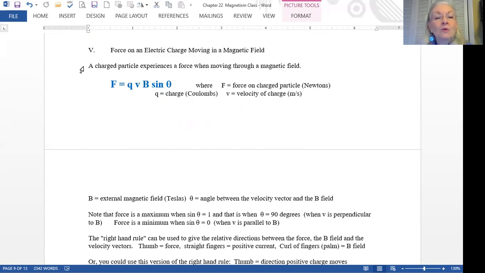Well, F equals qvB sine theta, where capital F is the force in newtons, little q is our charge in coulombs, little v, not capital, but lowercase v, is the velocity of the charge. How fast is it going? Capital B is that external magnetic field measured in Teslas, and theta is again the angle between the velocity vector, remember velocity has a direction, and the magnetic field.